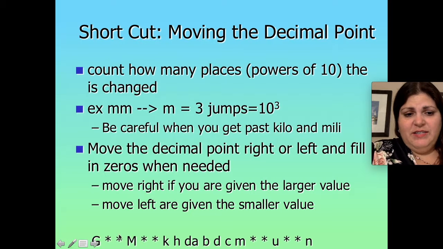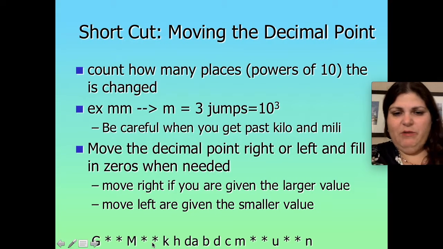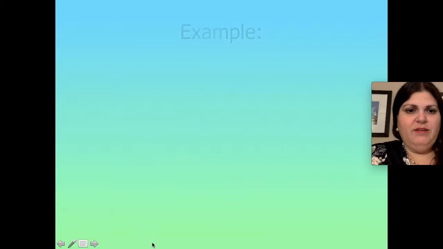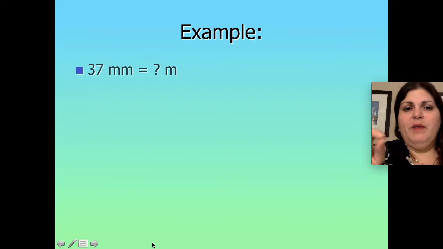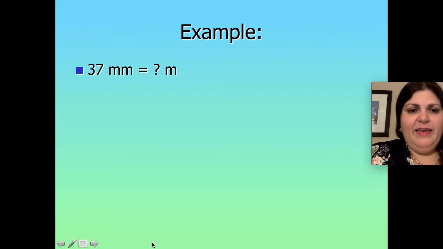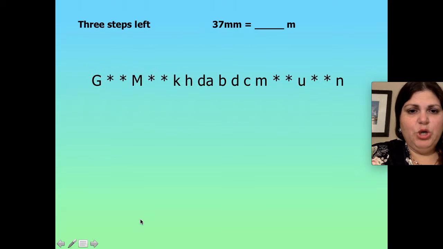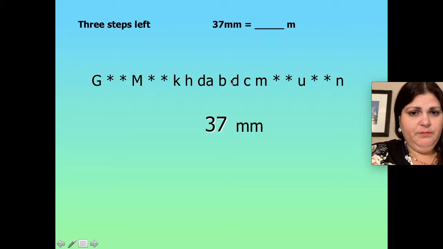I put in asterisks or little dots so I remember that there are placekeepers that those are going by 3s. So if I want to know how many millimeters are in a meter, I lay out my sequence. I'm starting at millimeters. So millimeters puts me starting at milli, which is right there. Remember, base, deci, centi, milli.